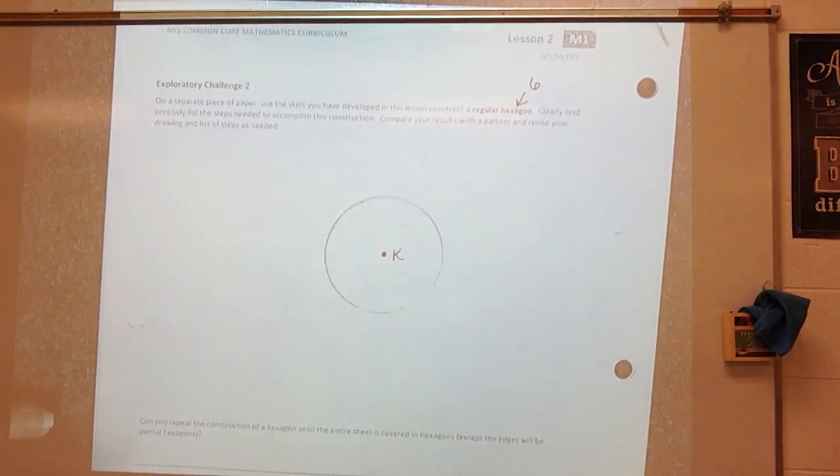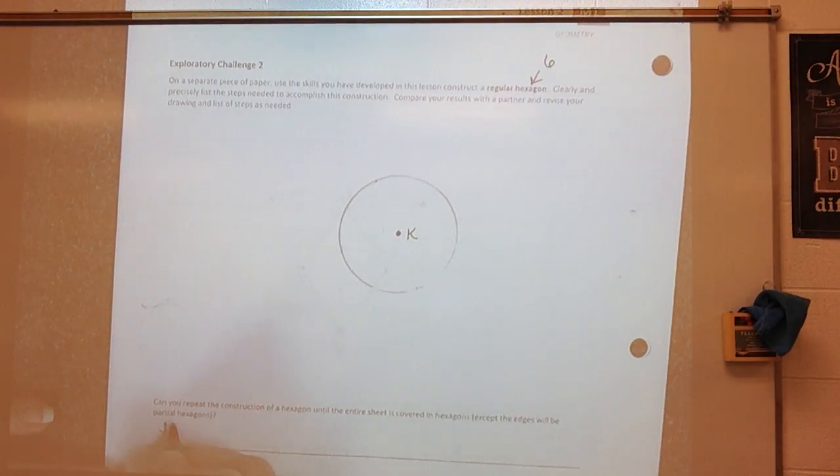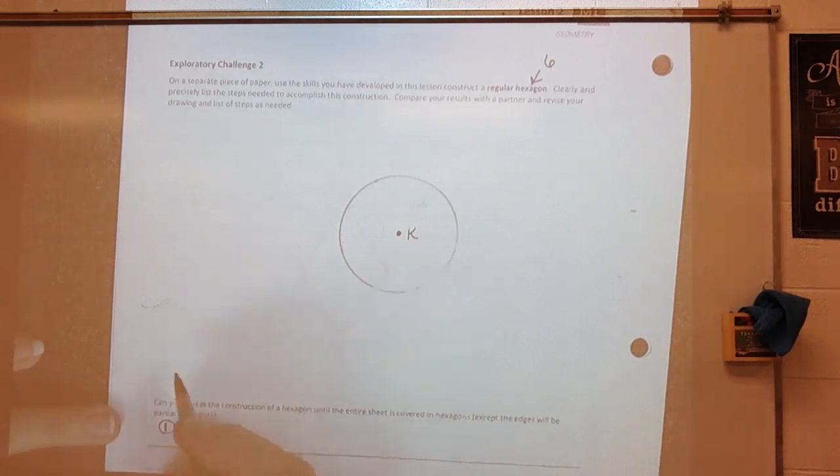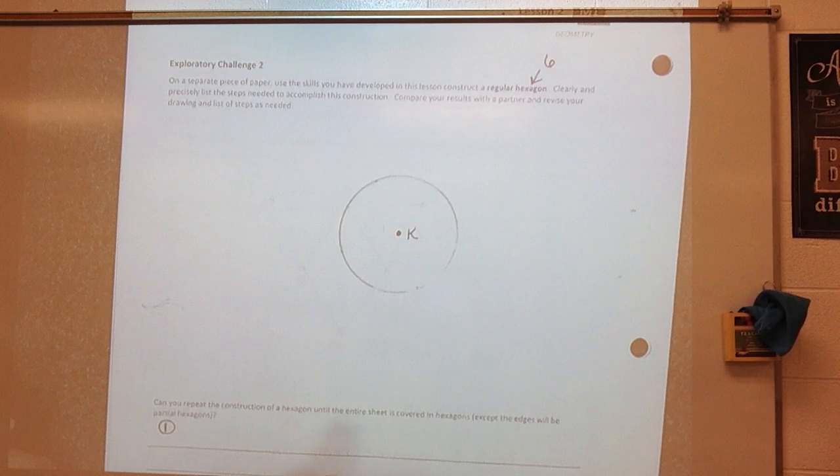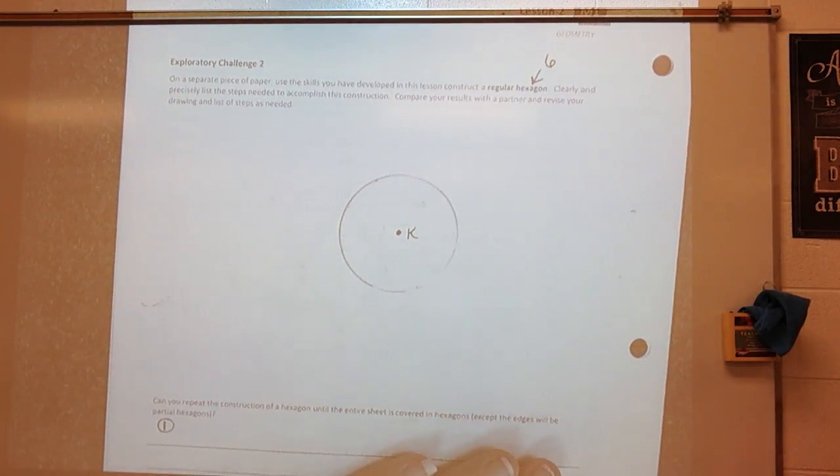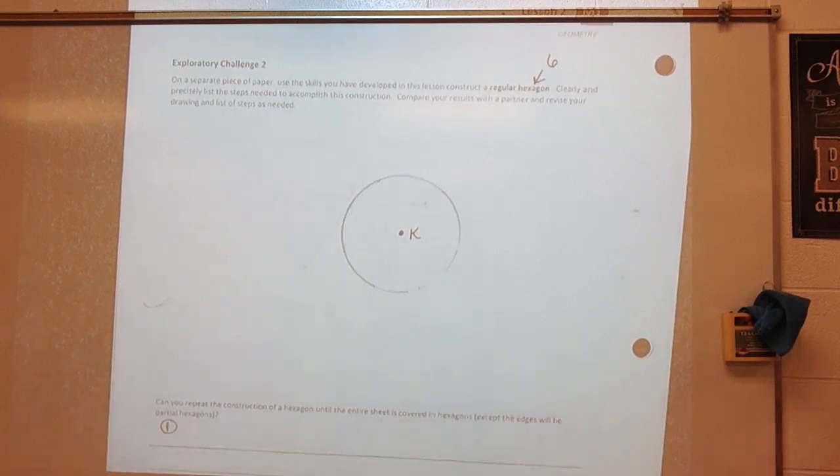And if you want to, as we're going, you can actually go ahead and list the steps. That way you do not have to try to go back and remember them. We're going to write our steps down.